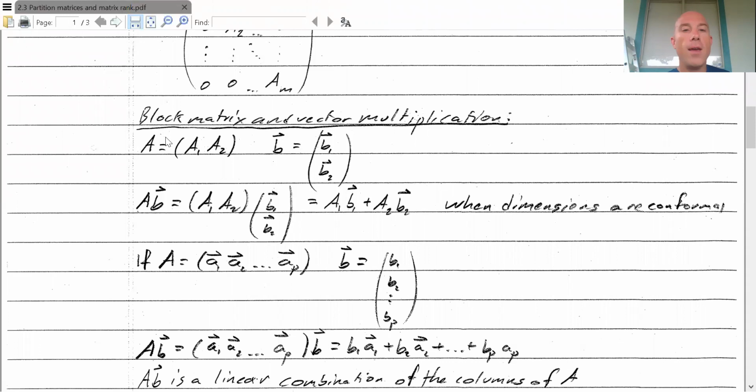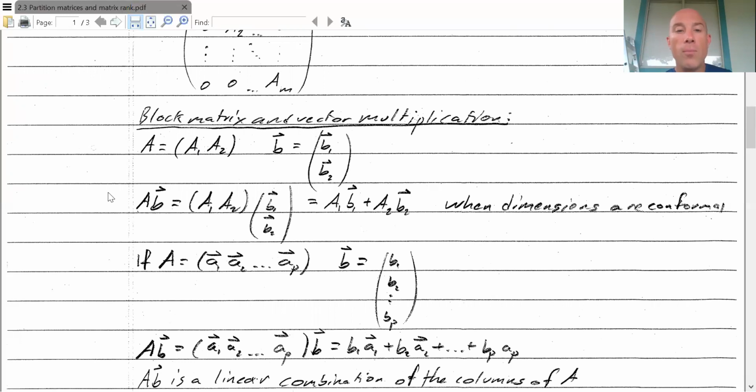All right, so let's say I want to use block matrices in matrix and vector multiplication. Let's say that A is a block matrix of 2 submatrices next to each other, and B is a vector, which I'm going to represent as 2 vectors on top of each other.